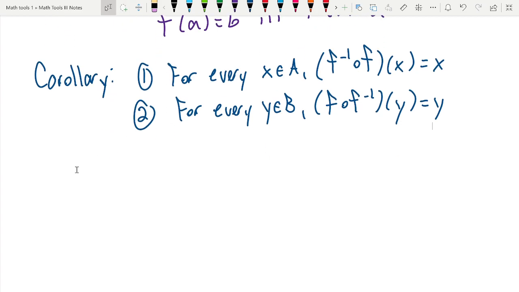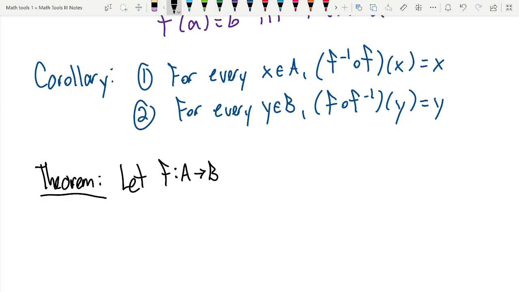Okay. So another interesting theorem that goes along with the inverse functions. Let f from A to B and g from B to C be bijections.